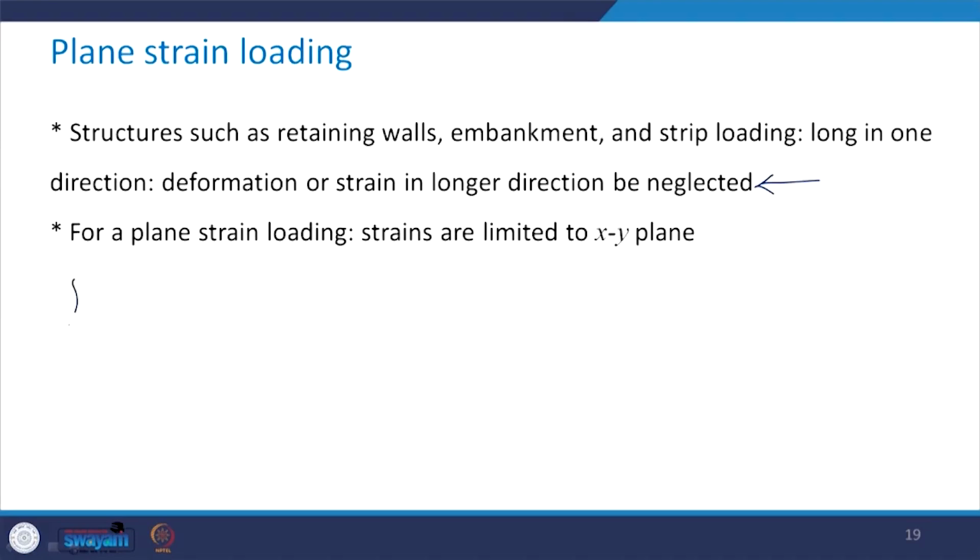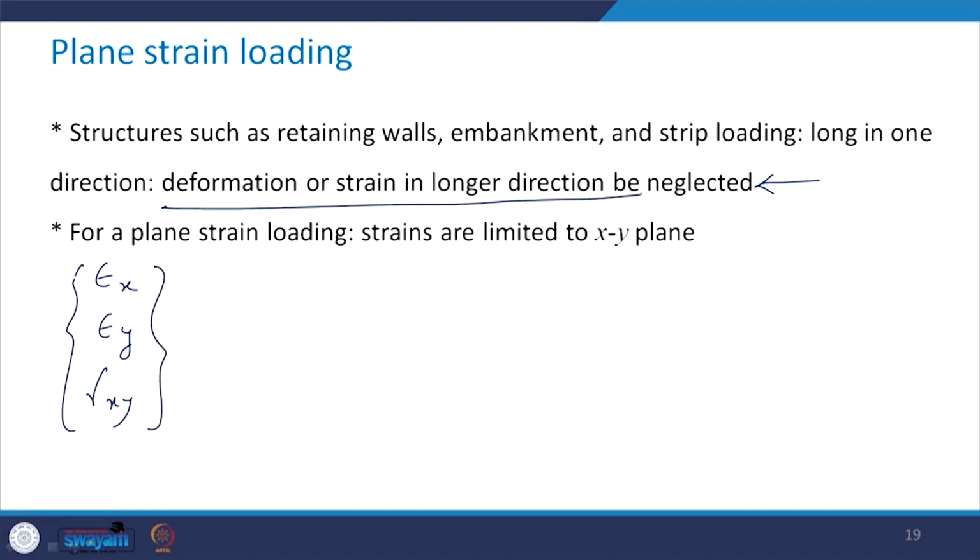So, we have first the strain vector, which is epsilon x, epsilon y and gamma xy. Because I mentioned that the deformation or the strain in the longer direction can be neglected, I assume that the longer direction is z. So, you will not see any strain component in that z direction.